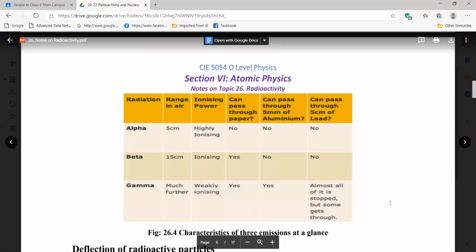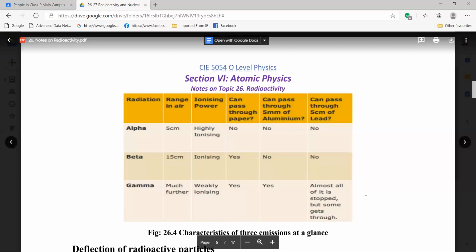The radiation of alpha range in air is 5 centimeter. Ionizing power is highly ionizing. Alpha cannot pass through paper. Alpha cannot pass through 5 millimeter of aluminum. Alpha cannot pass through 5 centimeter of lead. The range of beta in air is 15 centimeter, and the power of ionizing is medium.